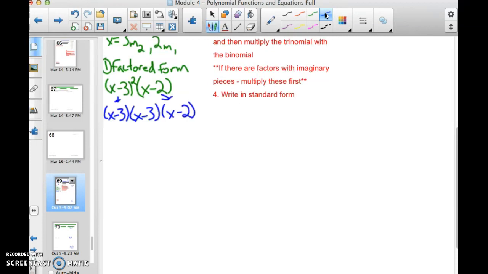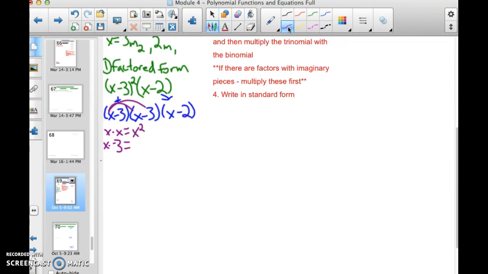Now at this point, it doesn't necessarily matter what 2 binomials I start with. I'm just going to do the x minus 3's first. I'm going to show my thought process out again, and if this helps you, then I would encourage you to show your work like this as well. I'm going to do x times x, and then x times negative 3. X times x is x squared.